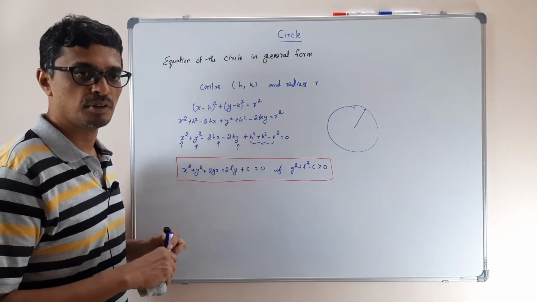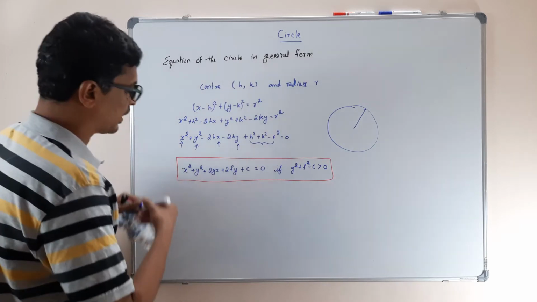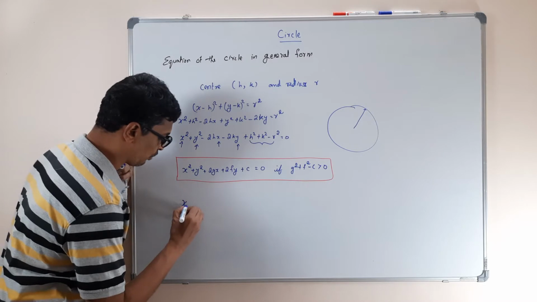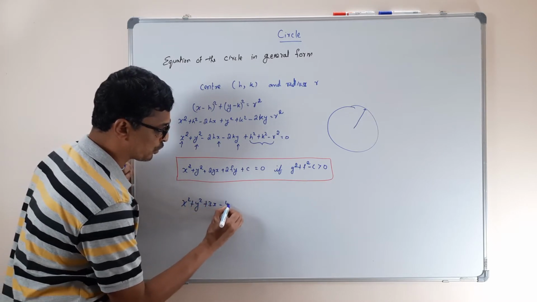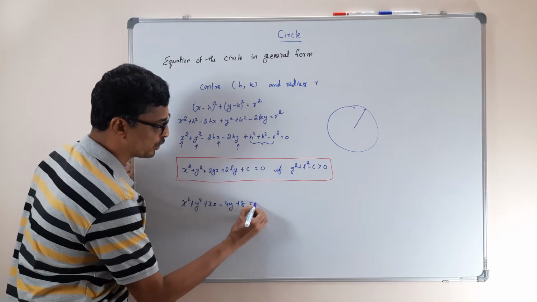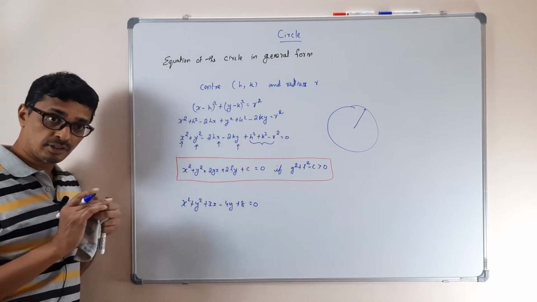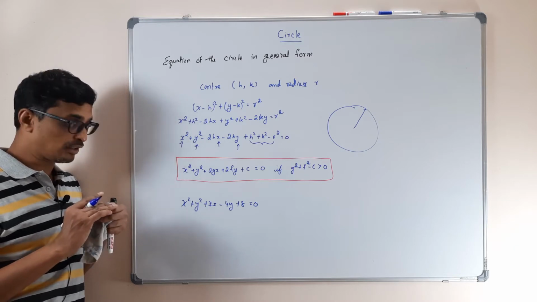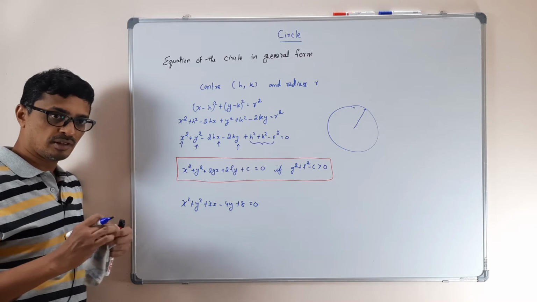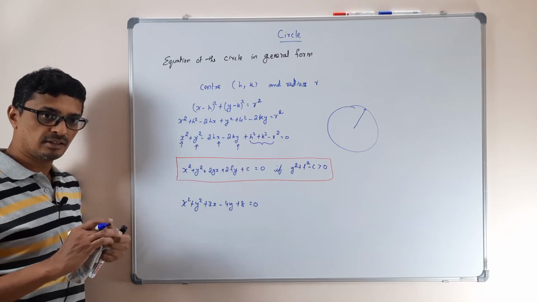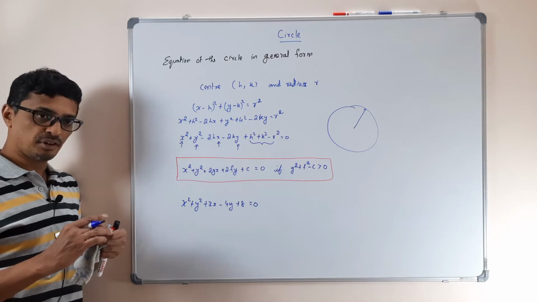Say something like x square plus y square plus 3x minus 4y plus 8 equal to 0. I'm asking you, can this be a circle? For a circle, what is the condition? This is the same form, right? How do you prove it?